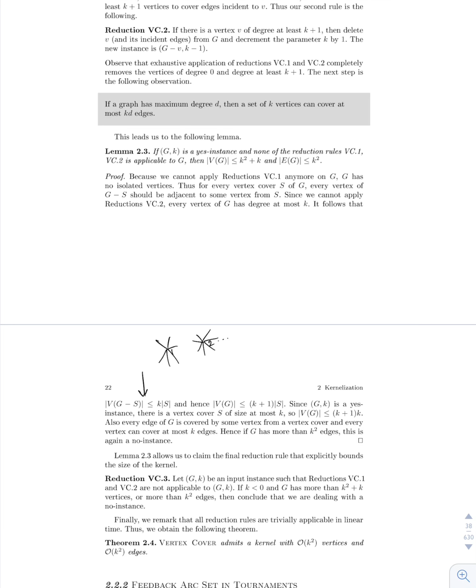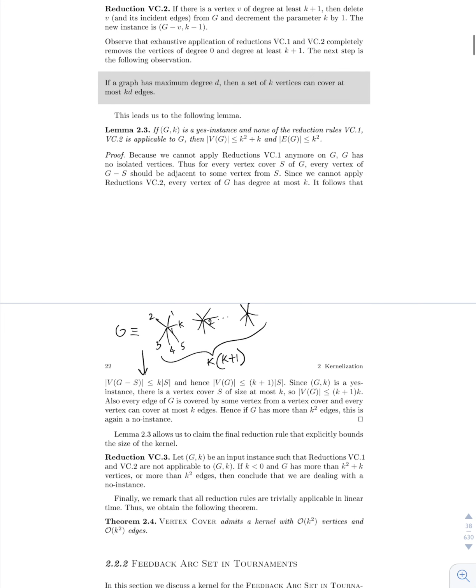This is 1, 2 and so on, and I will have k stars, and the degree of each is also k, so each star will have k vertices surrounding it, and so the total number of vertices is k into (k plus 1). So the graph G will have at most k into (k plus 1) vertices.